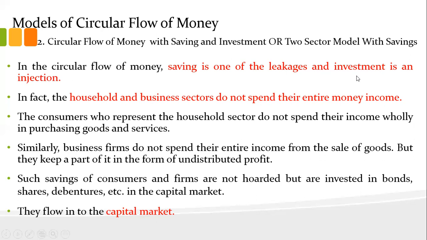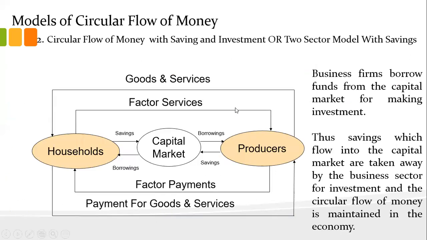Now let's discuss with the help of this figure how it is happening. The household sector and producers are there, and the capital market is in between. Some portion of their income the household sector gives as payment to producers for goods and services, and for factor services like land, labor, enterprise and capital, and in return they get factor payment.